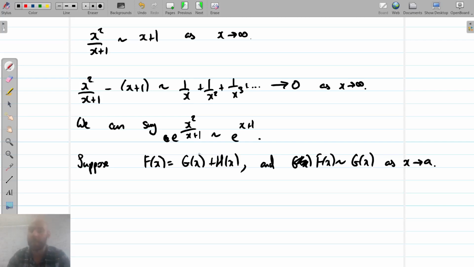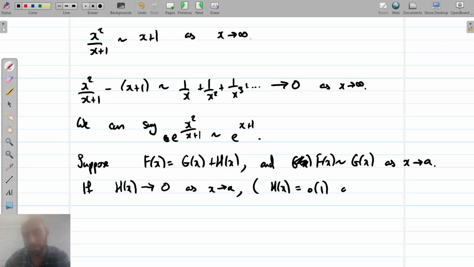So this h of x basically represents the leftover terms, and what we can say is if h of x tends to 0 as x tends to a, or another way of writing this is to say h of x equals little o of 1 as x tends to a. I'll let you think about why this is true. These two statements are equivalent, they're basically saying the same thing. Then we can take exponents.